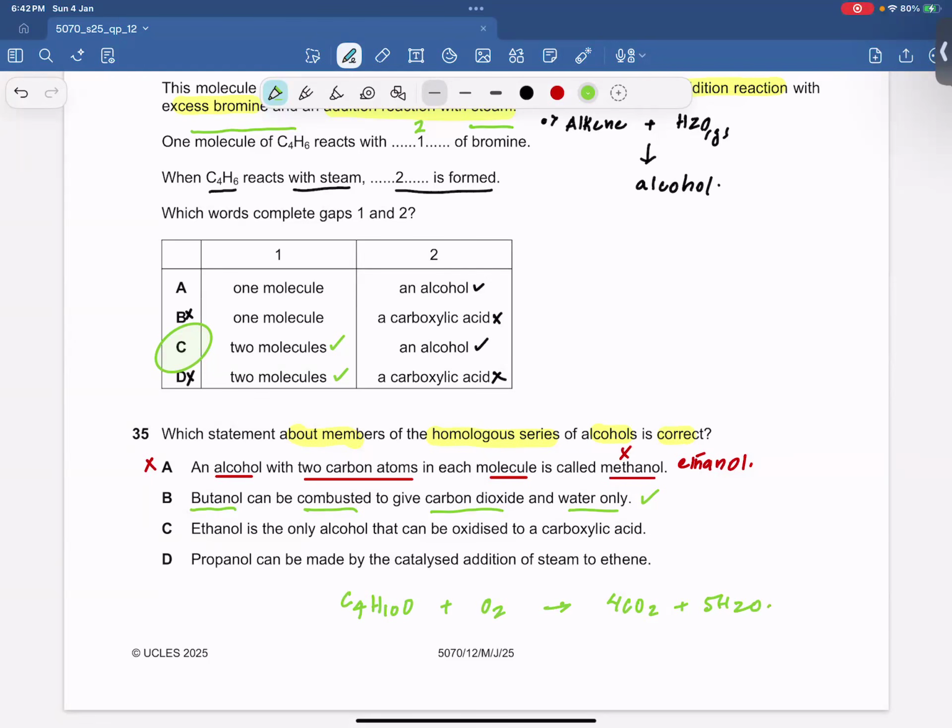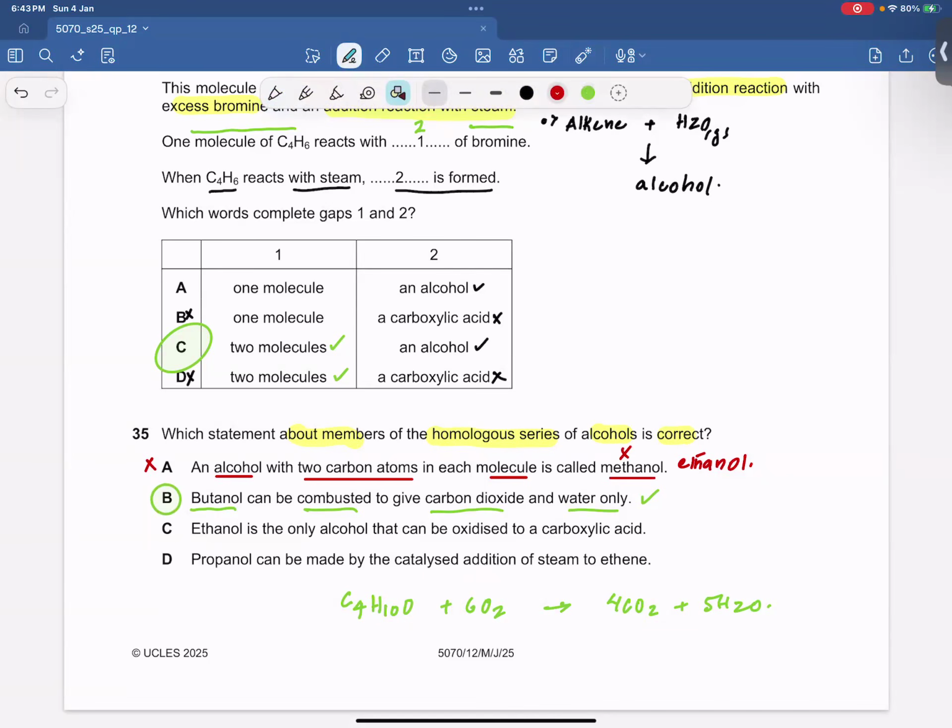It has to be 6 here, because 6 times 2 is 12, 12 plus 1 is 13 oxygen. We have 13 oxygen here. So that's true, and the potential answer is B.